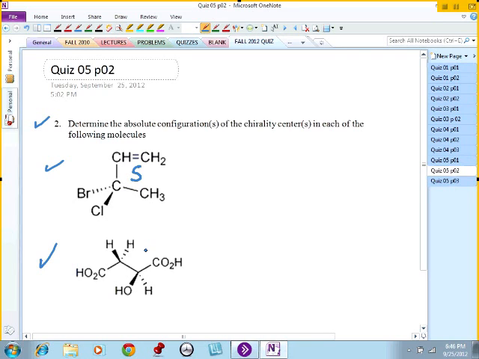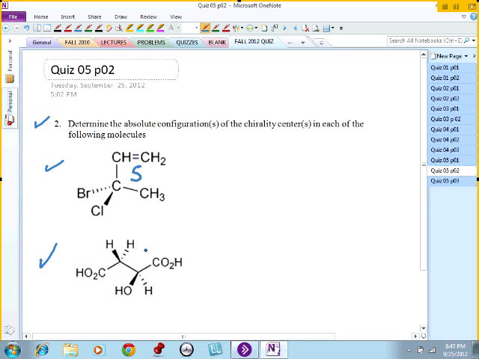But guess what? If I want to look at this molecule in a way that is convenient for me, do you think I will be looking here? No. In order for me to see two groups coming at me, I won't do that. I will look here, because now I will position myself here.